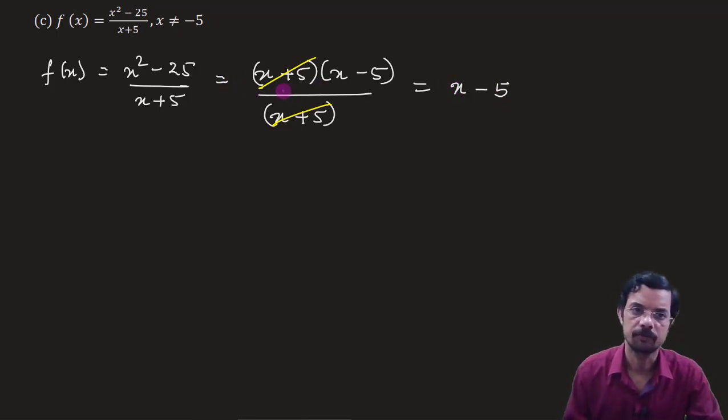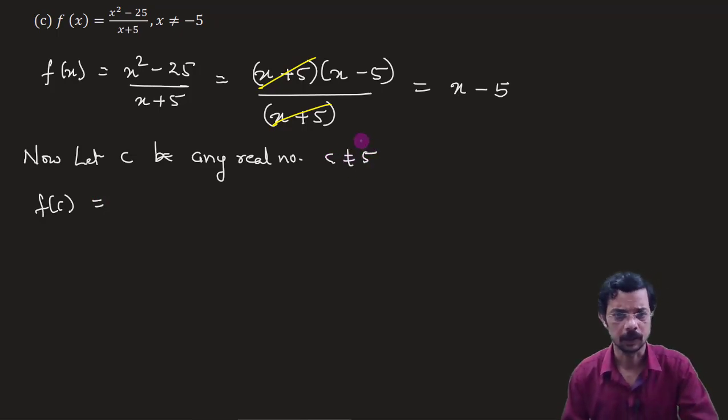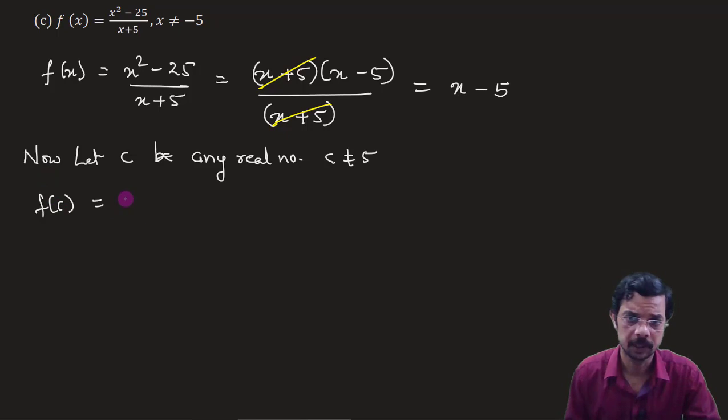Now this is similar to the first question. Let c be any real number, not equal to minus 5. So what is f of c? f of c will be equal to c minus 5.